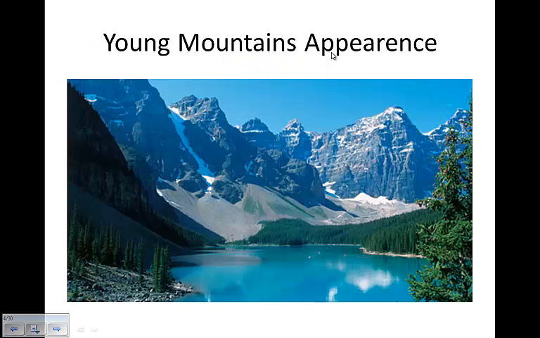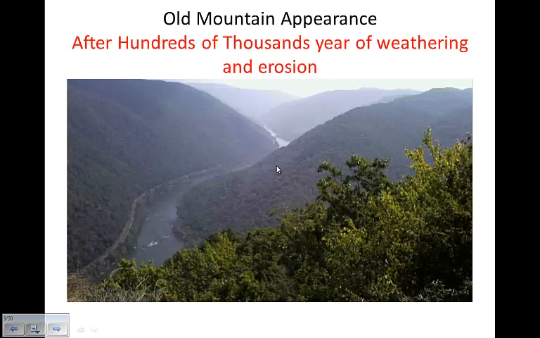So you have the young mountain appearance versus an old mountain appearance. After hundreds of thousands of years of weathering and erosion, this is where we end up. According to the theory, the Earth has to be very, very old. This is very important to Darwin's theory of natural selection, because the theory of gradualism supports the time frame needed for natural selection to transform species over generations.